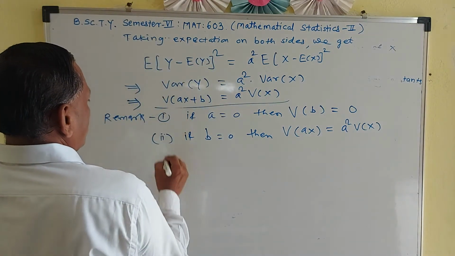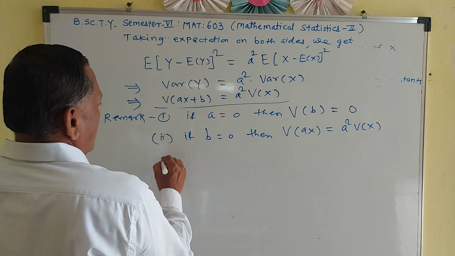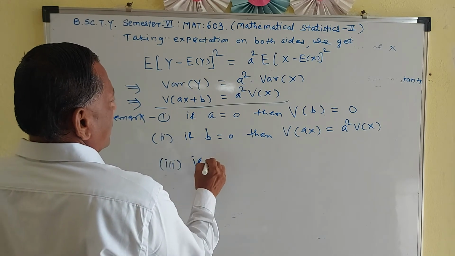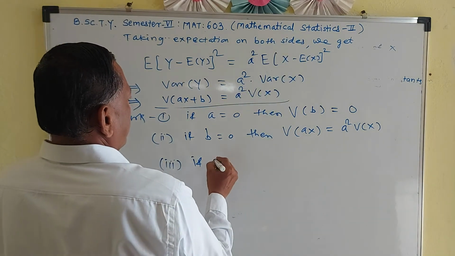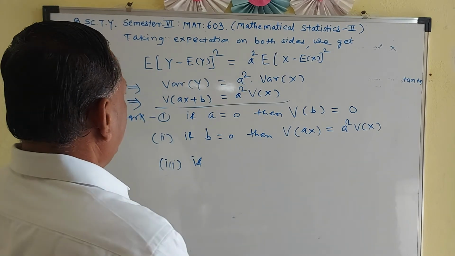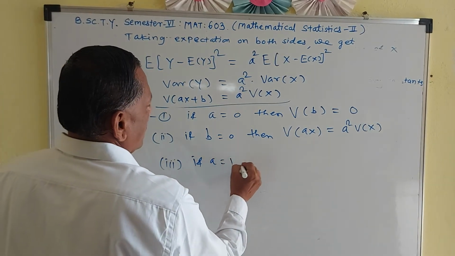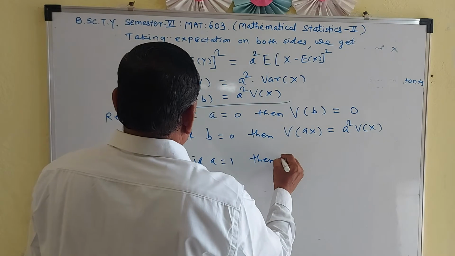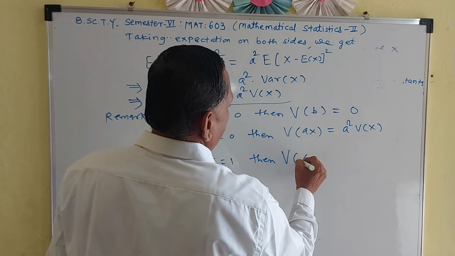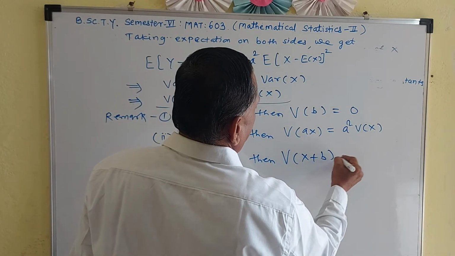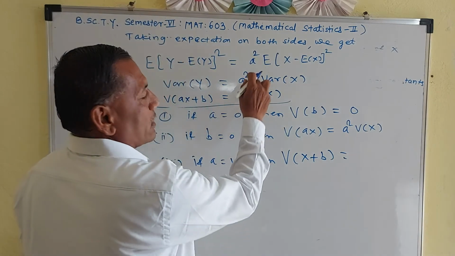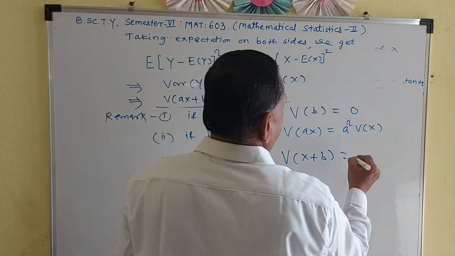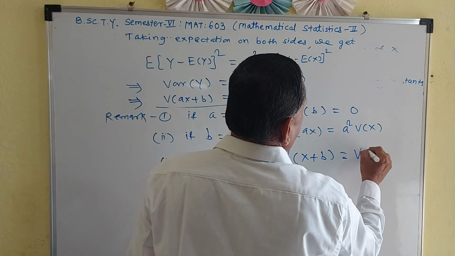Then number 3, if a is equal to 1, then variance of x plus b is equal to 1 square into variance of x, means variance of x.